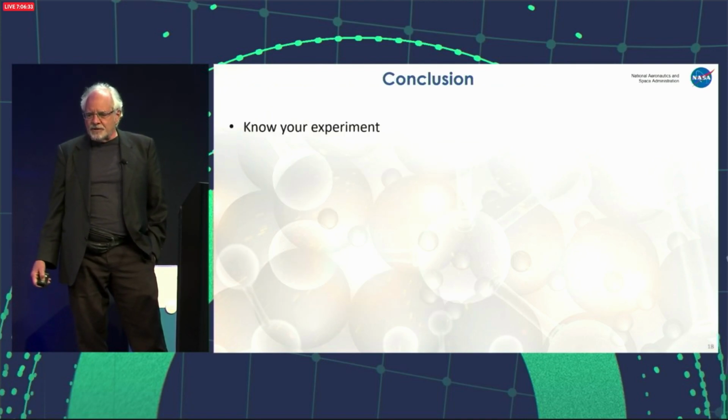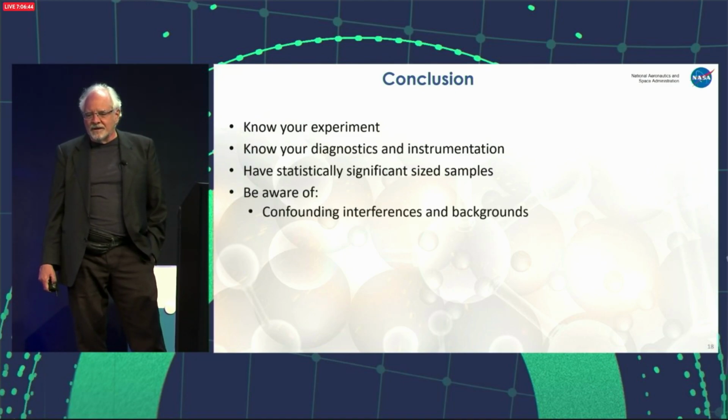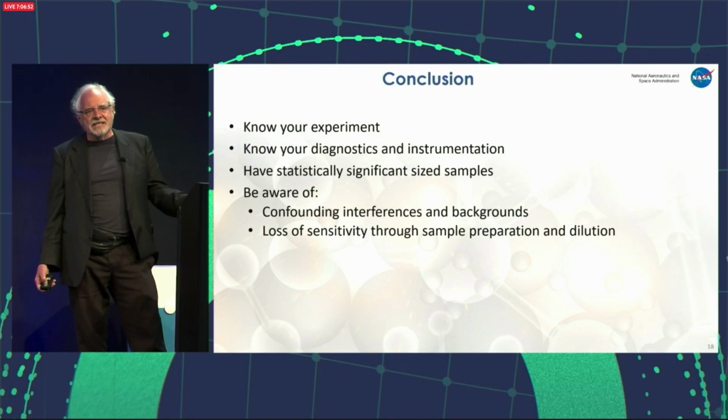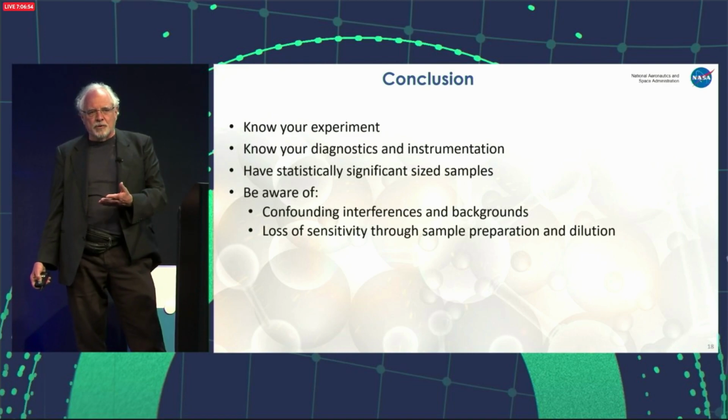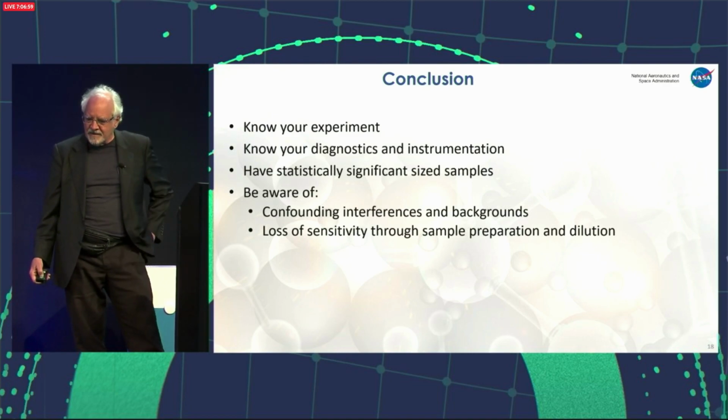So in conclusion, know your experiment, know your diagnostics and instrumentation, have statistically significant sized samples, be aware of confounding interferences and backgrounds, loss of sensitivity through sample prep and its dilution. You can go from a part per billion ICP mass spec to parts per million or worse after you've diluted the sample and entered it into the instrument.